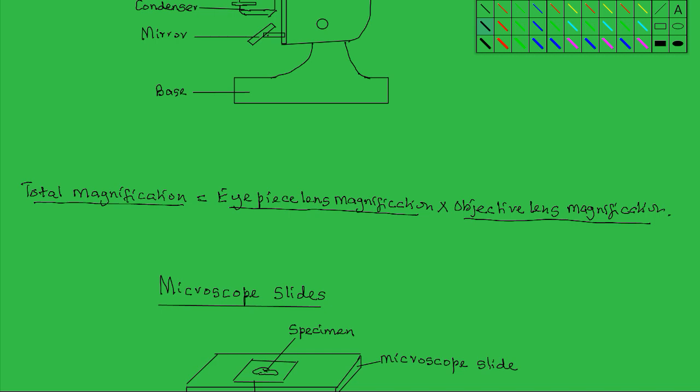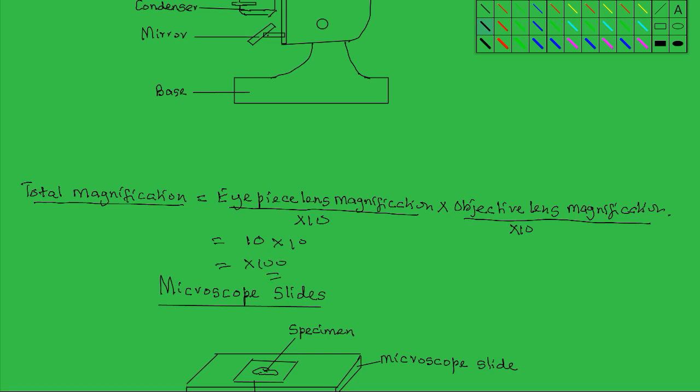For example, if the eyepiece lens has a magnification of times 10 and the objective lens in use also has a magnification of times 10, the total magnification is obtained by multiplying 10 times 10, which gives you a total magnification of 100.